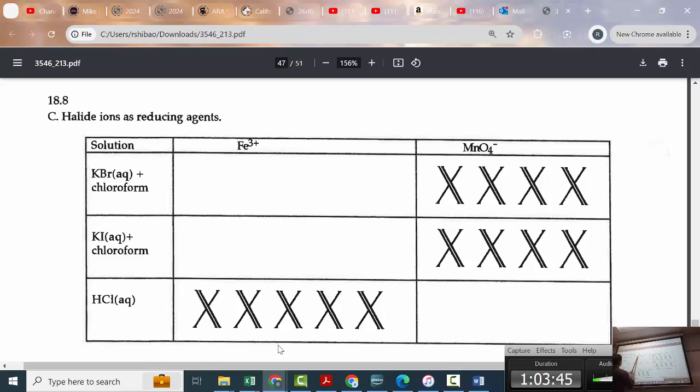If iron 3 and bromide react, I should form bromine, but bromine's uphill, so I'm not going to see the bright orange here. But if I take iron 3 and iodide, I expect a reaction. I should see a purple chloroform layer here, because iodide is going to be converted into iodine.